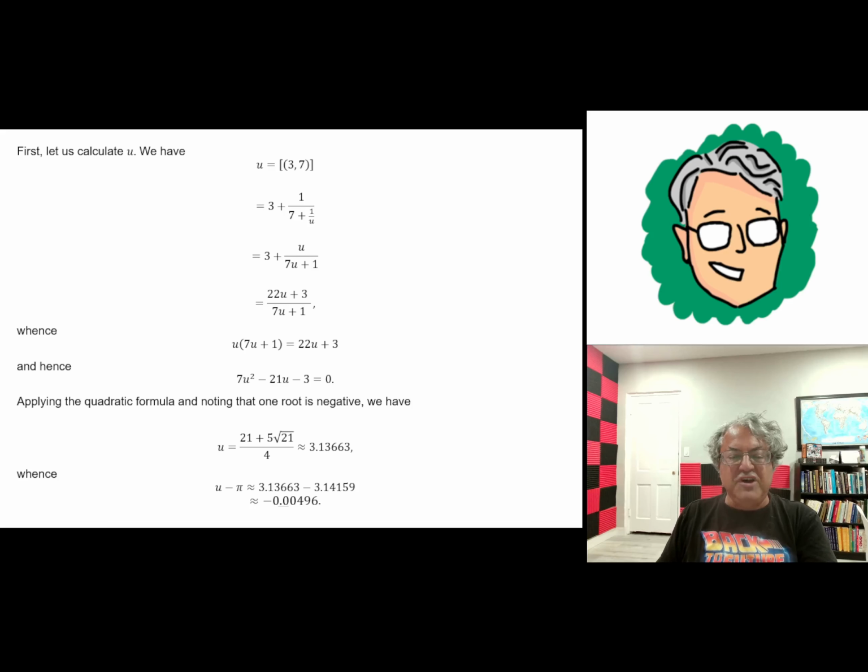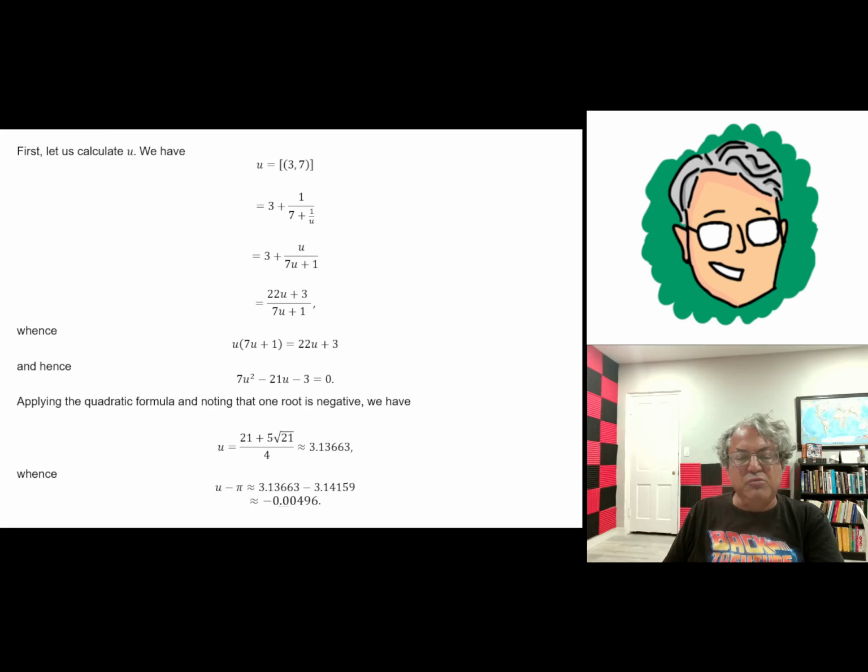And if you simplify this algebraic expression, put everything on the right side to 0, you'll get a quadratic equation: 7u squared minus 21u minus 3 equals 0. And now we can just apply the quadratic formula to solve for u.